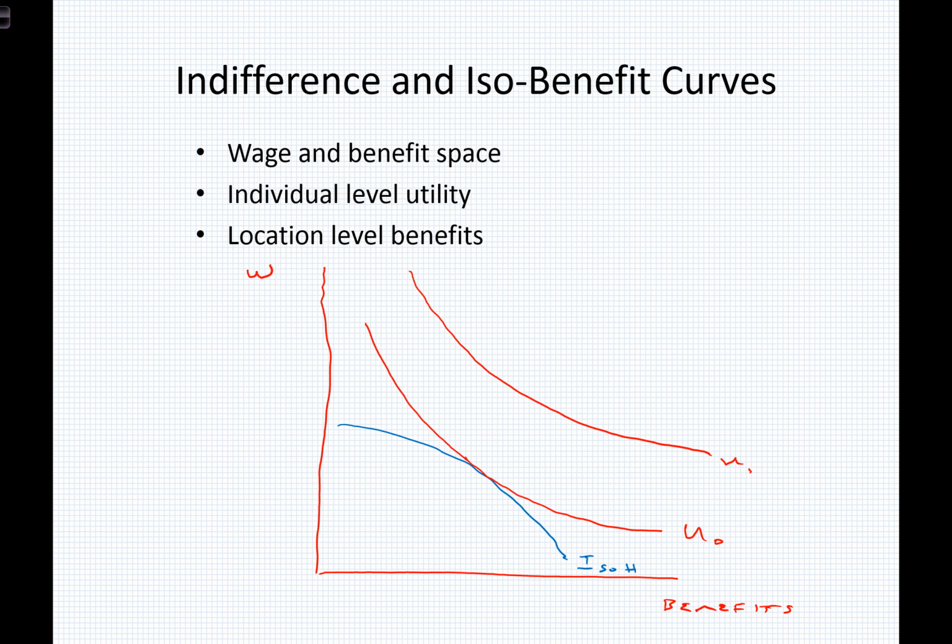However, let's say that this worker seeking greater utility, and recall that utility is a combination of wage and all the other benefits that we get by working for a particular firm, living in a particular area, etc. Let's suppose then that this particular worker chooses to move to Chicago, and that the Chicago market has an ISO benefit curve that's at a much higher level, such that wages are higher, social benefits are higher, cultural benefits are higher.